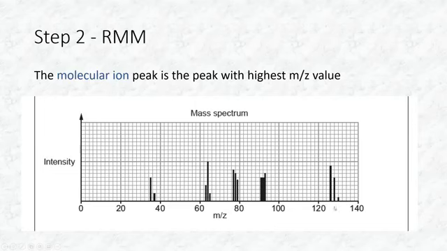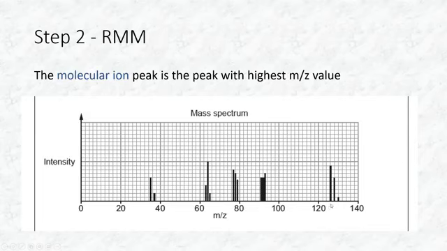So that's a little strange, but let's think about it. You've probably been told that sometimes you see a small peak to the right of your molecular ion peak, and this is due to isotopes, the presence of isotopes within the sample of the compound.